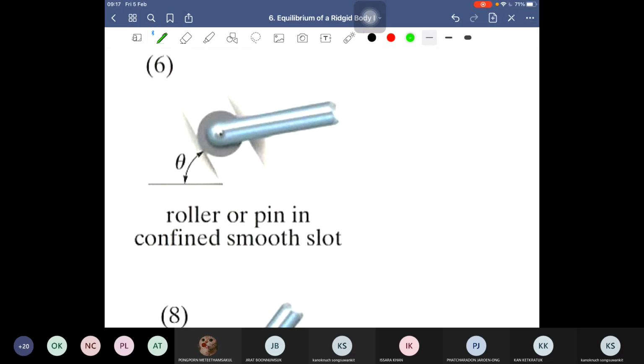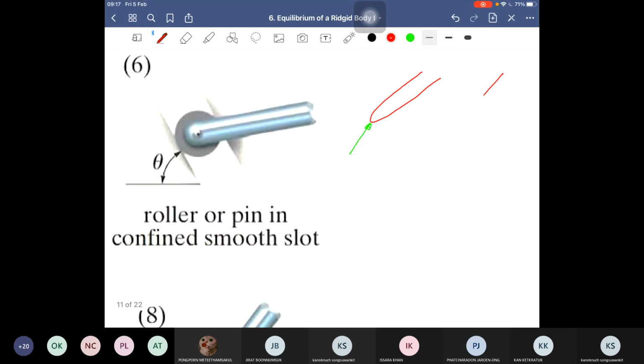It can point to the body, or it can point out of the body. It depends on the final value when you calculate the equation, whether it is positive or negative.